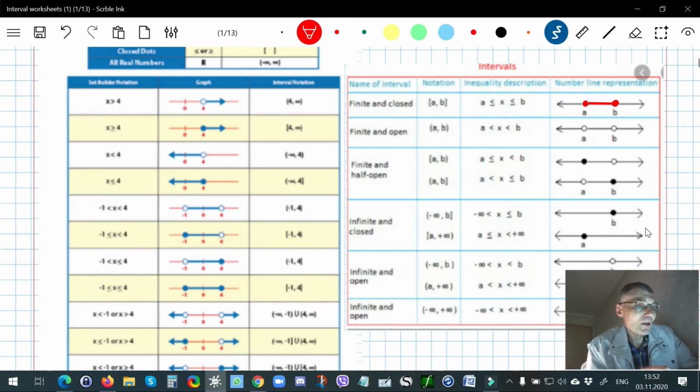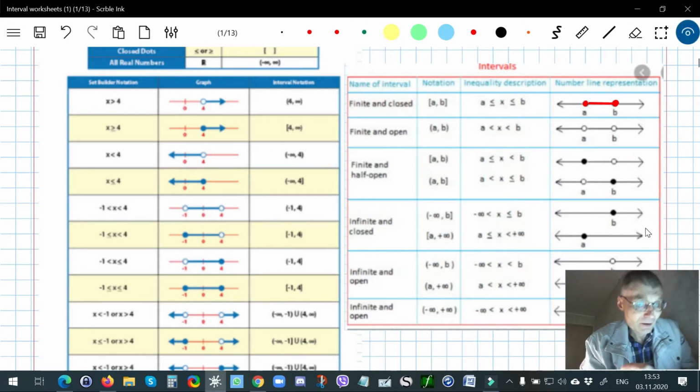So sometimes it's closed, finite and closed, like it's written here. There is an interval notation. Here it's interval notation, where you put square brackets to show that you include those points. You also consider them.